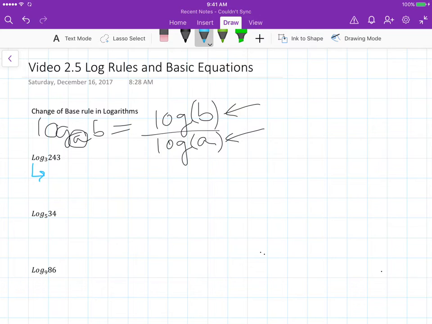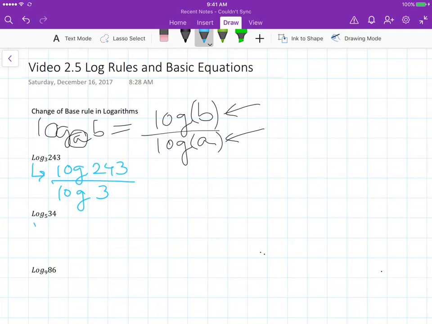So instead of the log base 3 of 243, it becomes the log of 243 base 10 divided by the log of 3 base 10. This helps us out because I can use my calculator to solve for the log of 243 divided by the log of 3. It will get me some sort of decimal, but for right now, I just want to make sure that I can set it up.